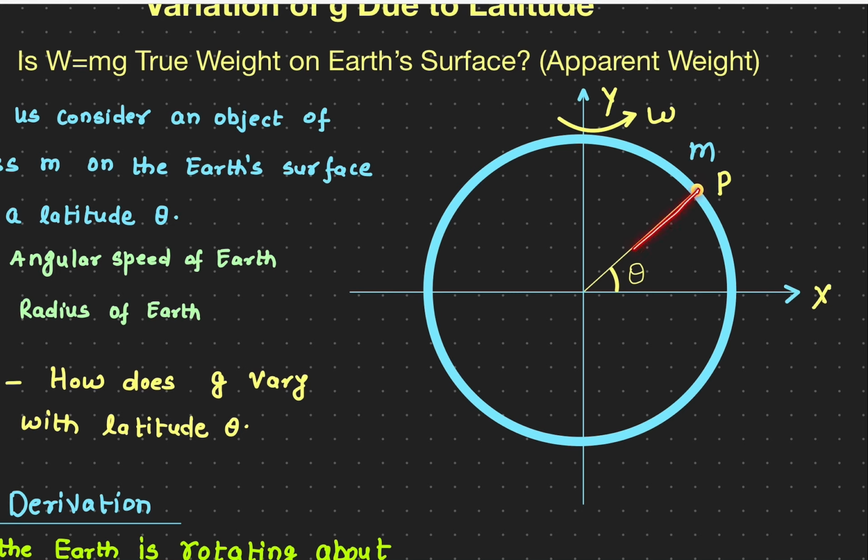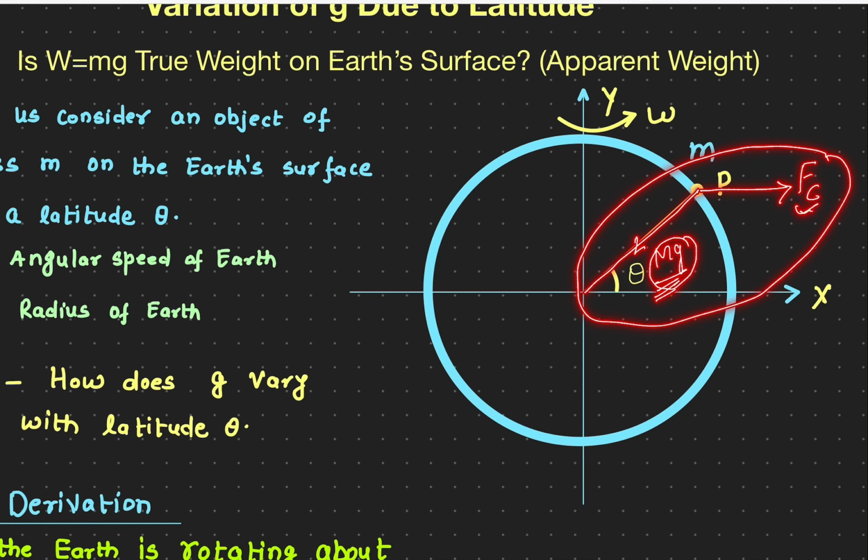The first is the weight mg, the gravitational force, and then there is a centrifugal force Fc. Because of this additional force, the net force does change. The net force will be slightly affected, and that's what we're going to study. In fact, we're going to derive the equation.